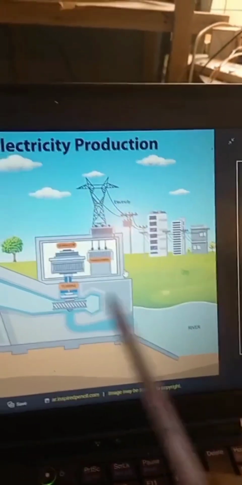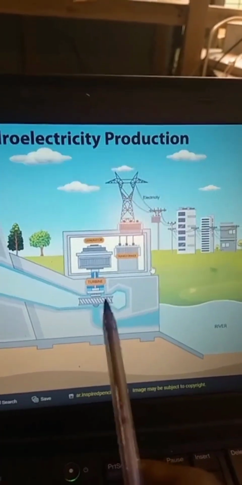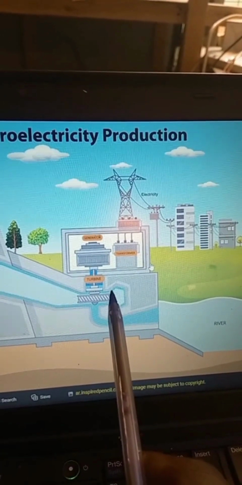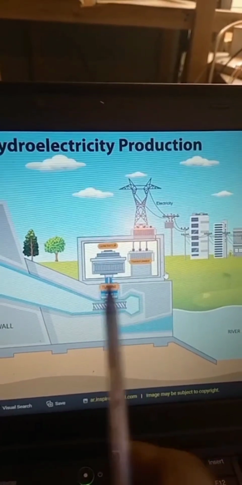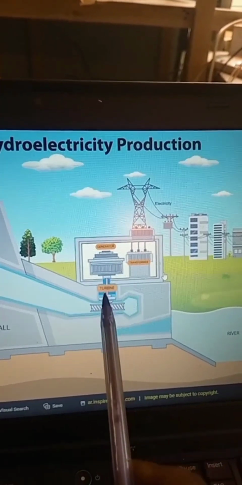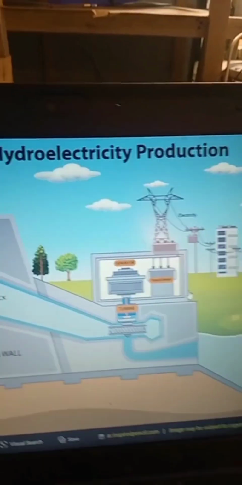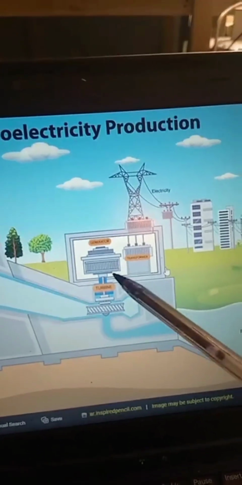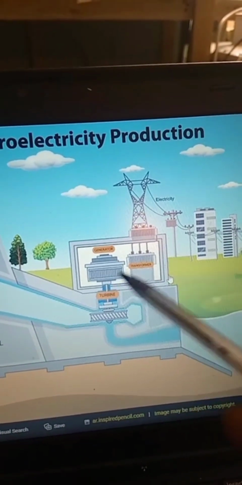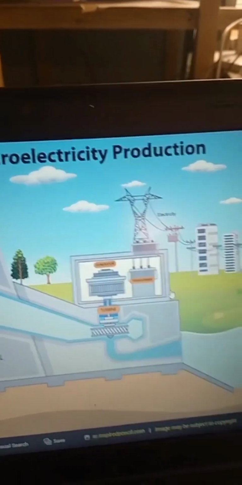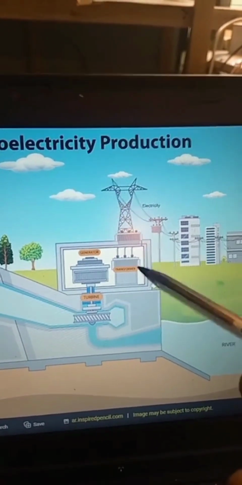So what happens here, it is these turbines which are turned by the mass of water which carries a lot of pressure with it. Then from there it rotates this shaft here, and this generator here, which converts mechanical energy to electrical energy, does its work perfectly, after which it produces power which is taken to the transformer here.